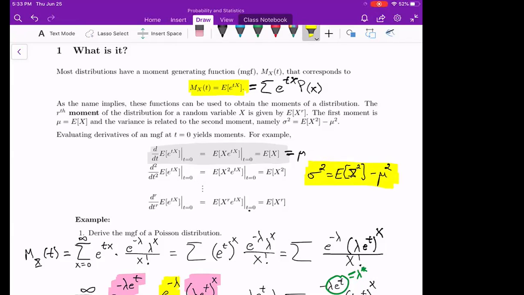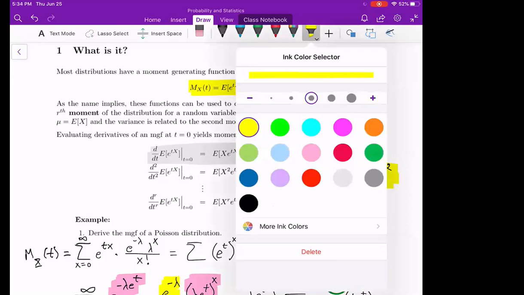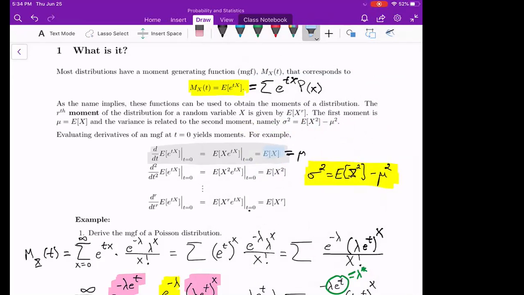Just to clarify, the mean is the first moment and the variance is the second, right? The mean is the first moment. The variance uses the second moment. So these are the moments.